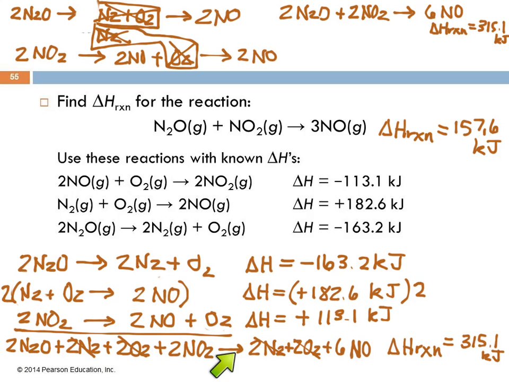The arrow's a lot like an equal sign. We add up everything on the right side of the arrow, we put it there. Then we combine like terms, and anything that's present on the left and the right goes away. And then the goal is to end up with a reaction down here that is the same as the requested reaction. And whatever you do to these, you have to do to those.